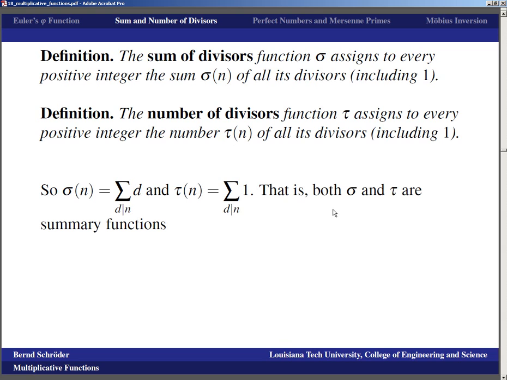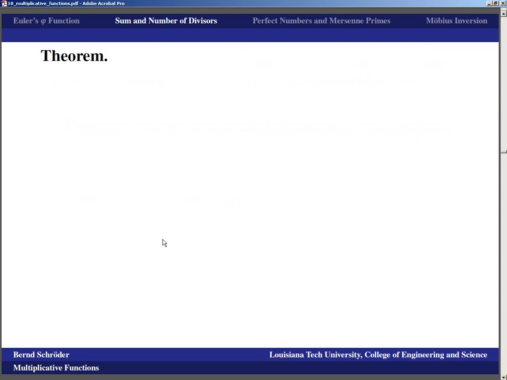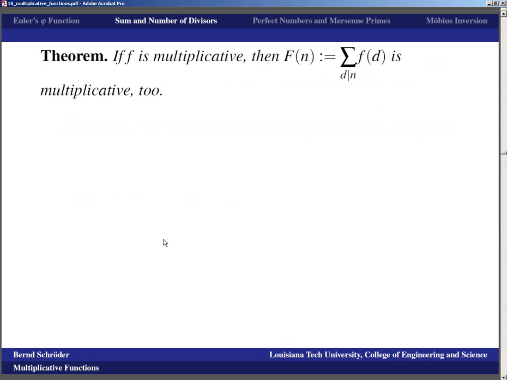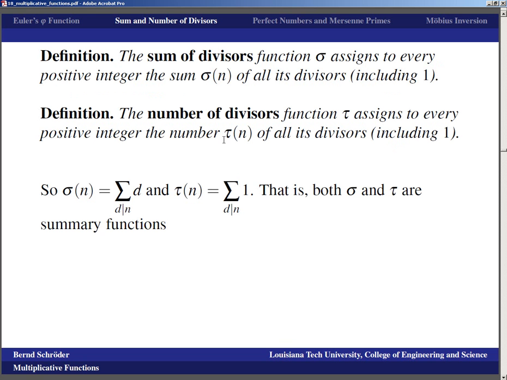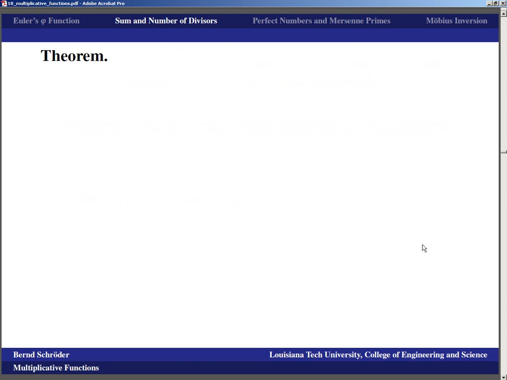And that means that both sigma and tau are what are called summatory functions, which I don't think we have to define yet. Basically, a summatory function is what you get when you take a function, and its value at n is the sum over all divisors of n of some other function.